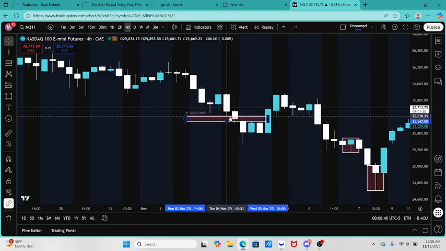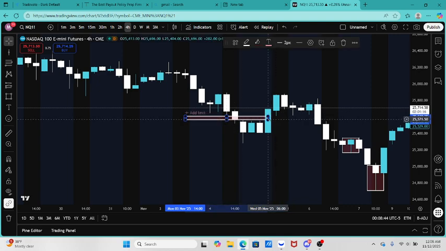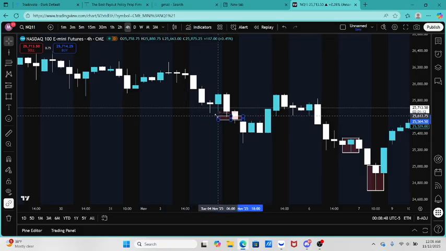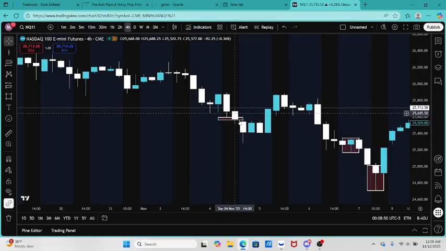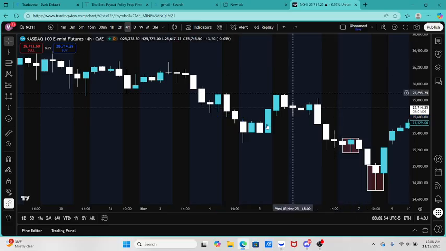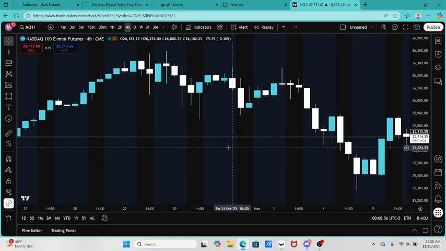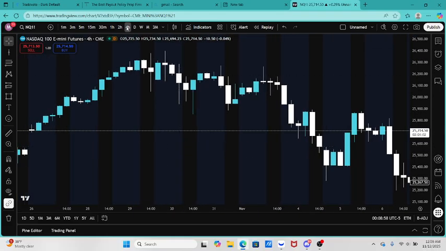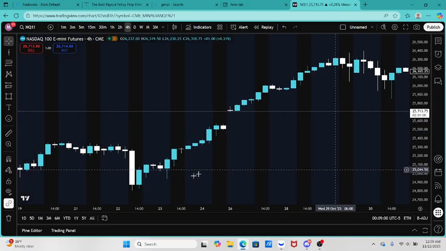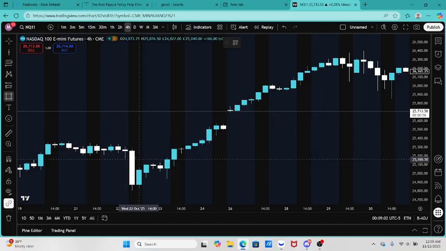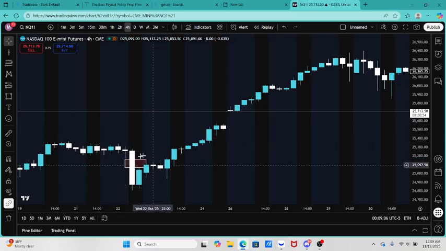Very, very small gap right in there. It's kind of hard to see, so I won't use that as an example. But you got a gap right here. So that's your fair value gap.